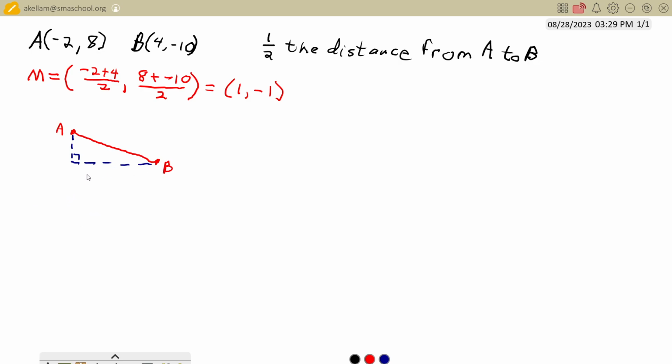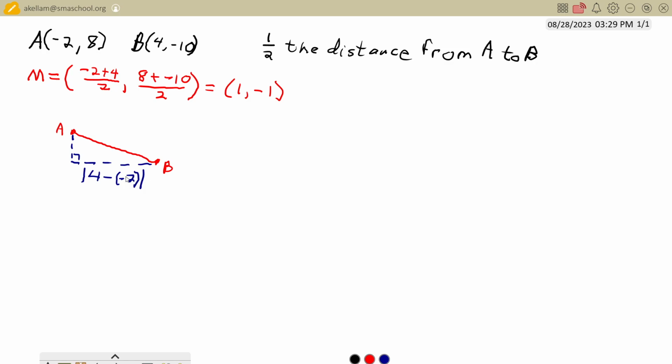So the length of my horizontal is, if we're being technical, the absolute value of my x values subtracted from each other. So this.